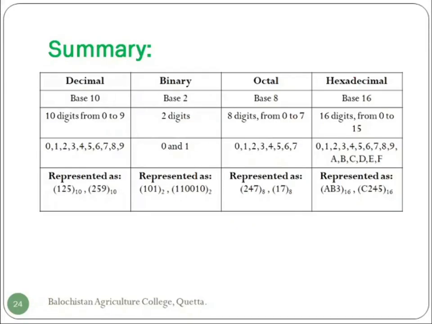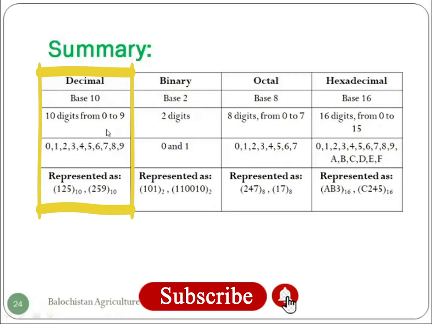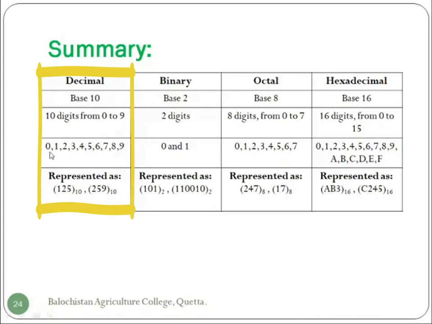Let's see its summary. So far we have studied 4 number systems, and these are decimal, binary, octal and hexadecimal. The decimal number has base 10 because it uses 10 digits from 0 to 9, and these are 0, 1, 2, 3, 4, 5, 6, 7, 8 and 9. And in this way we can represent a decimal number, a number enclosed within brackets with base 10.